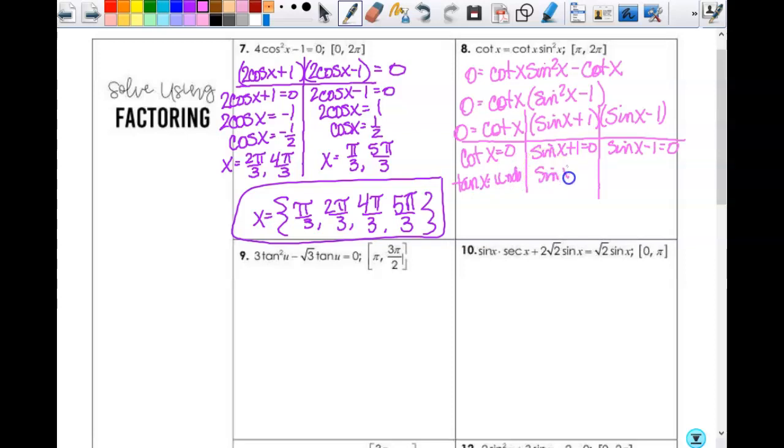Here, sine x equals -1, and sine x equals +1. Now, I'm only going from pi to 2 pi. So I would suggest actually literally drawing whatever section that is so that you can think about it. So in that interval there, when is the tangent undefined? 3 pi halves. So x would equal 3 pi halves. When is sine -1?